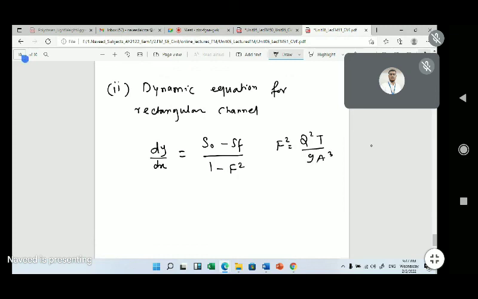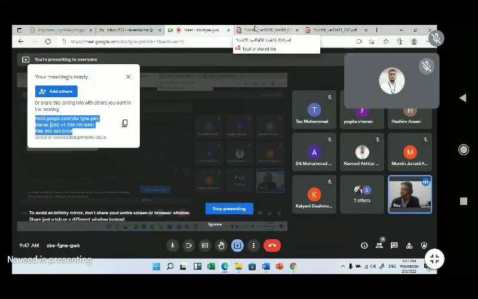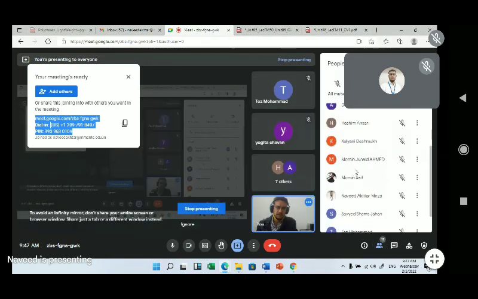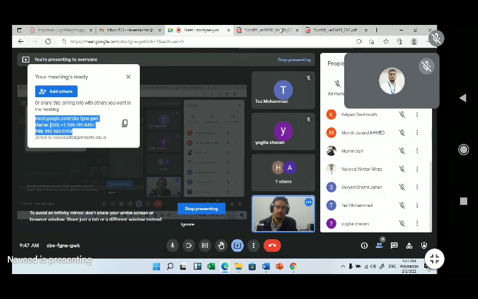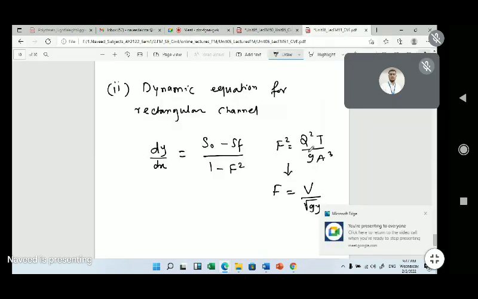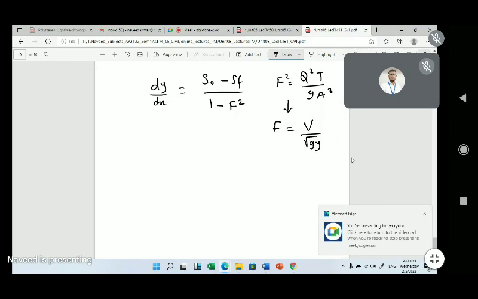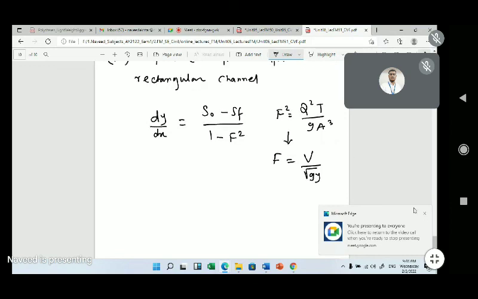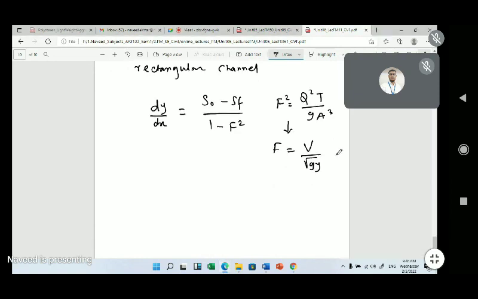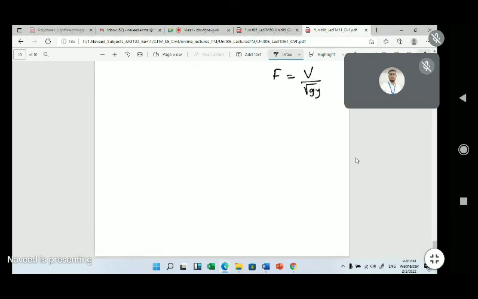This we have derived from the Froude number, and you know the Froude number is nothing but V upon under root of g y, and V is the average velocity. So this is for the rectangular channel.